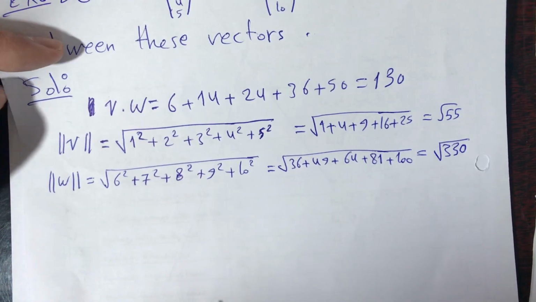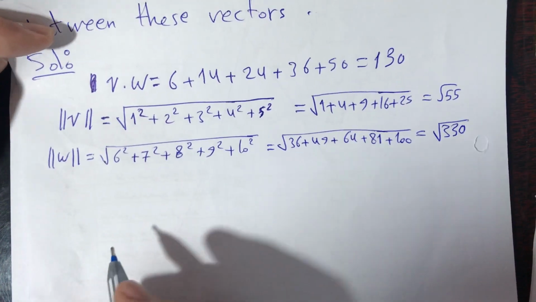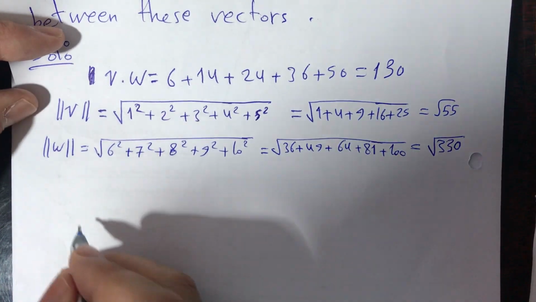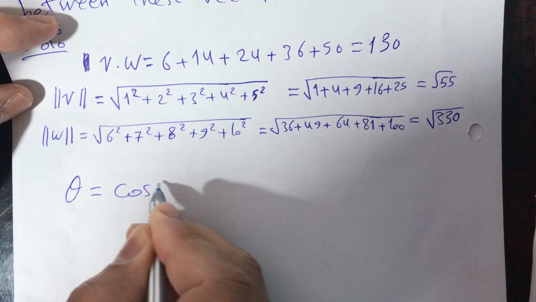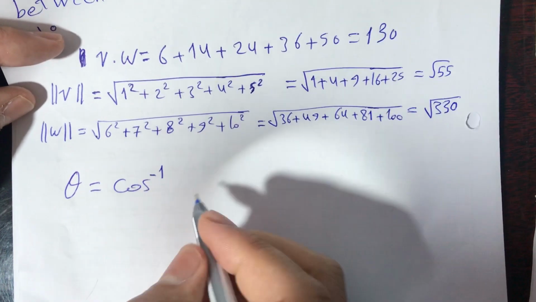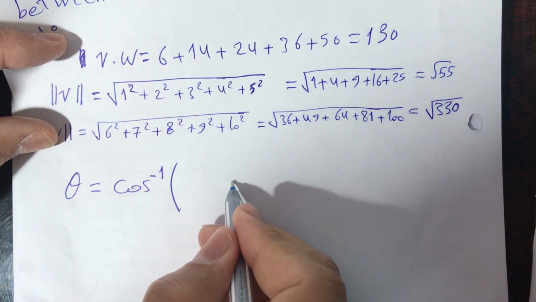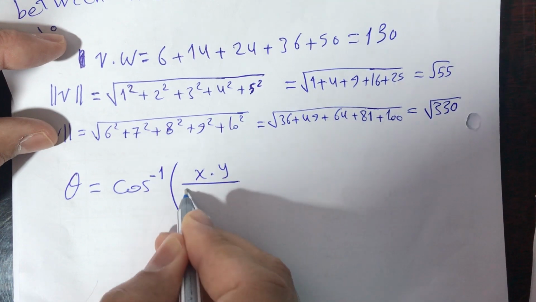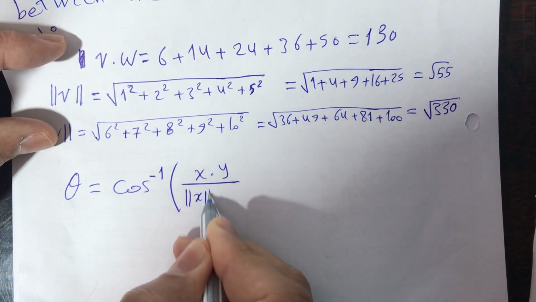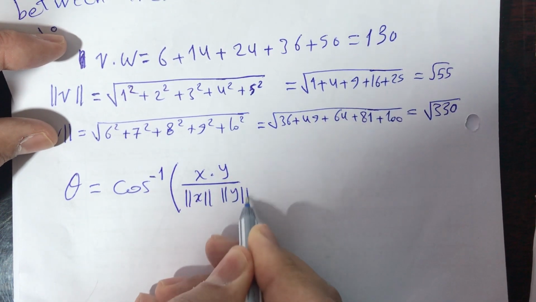And now we can compute the theta. Theta, by definition, equals cosine inverse of x dot y over norm x times norm y.